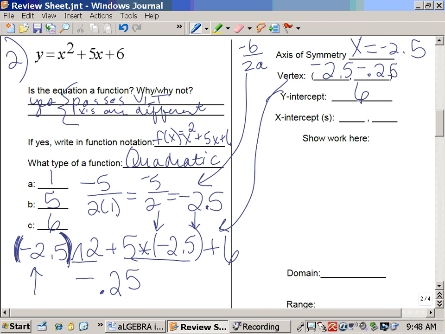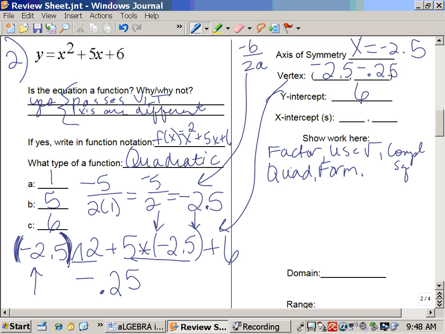Now x-intercept. Most people have gotten to this and they're like, I don't know what to do. You have 4 methods. You can factor. You can use square roots. You could do complete the square. Or quadratic formula. What's easiest for this one? I think this one's easy to factor.